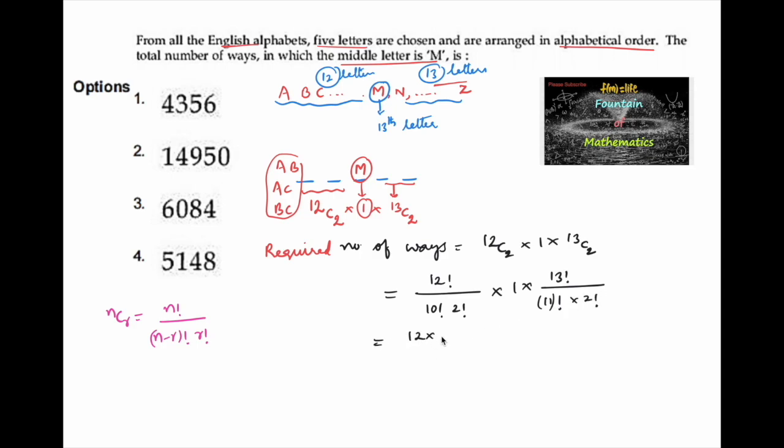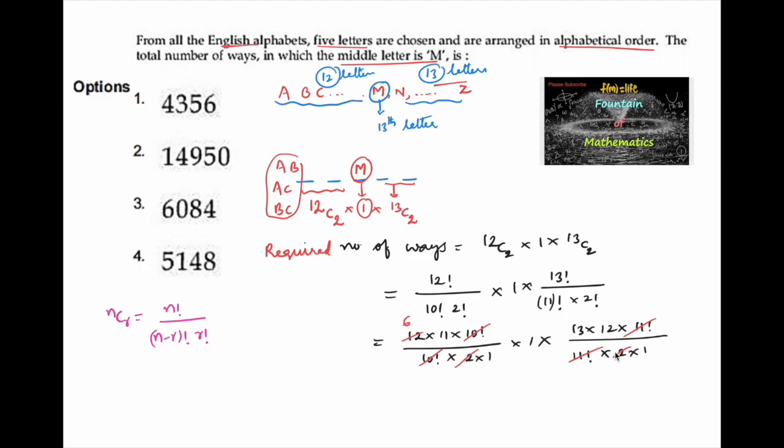So we can simplify: 12 into 11 into 10 factorial divided by 10 factorial into 2 into 1, and 13 factorial we can write 13 into 12 into 11 factorial divided by 11 factorial into 2 into 1, so that we may cancel 10 factorial and 11 factorial.